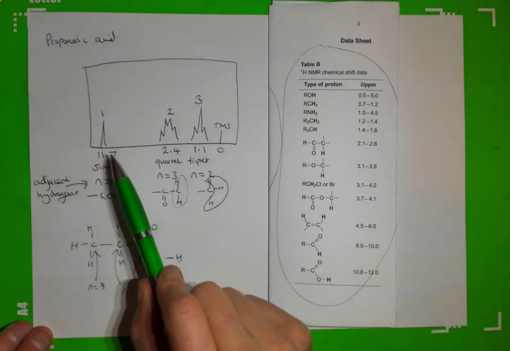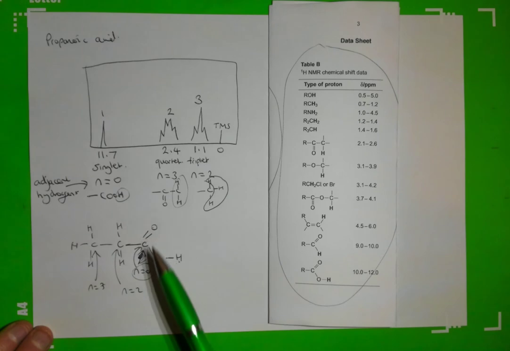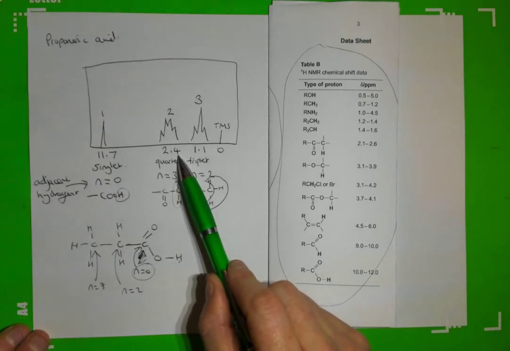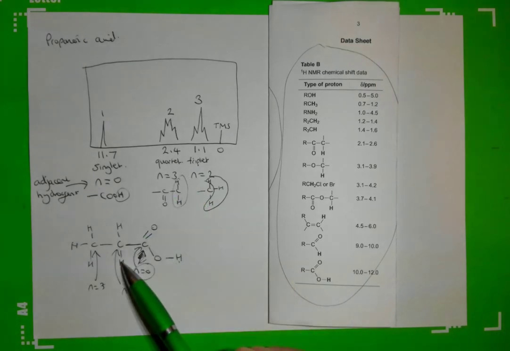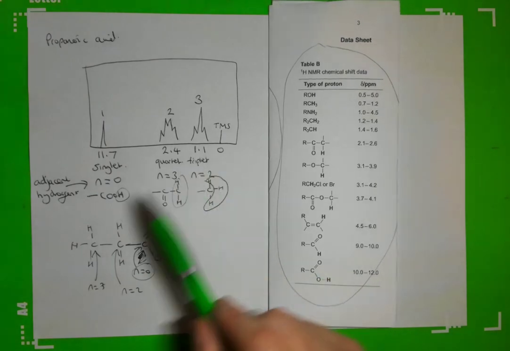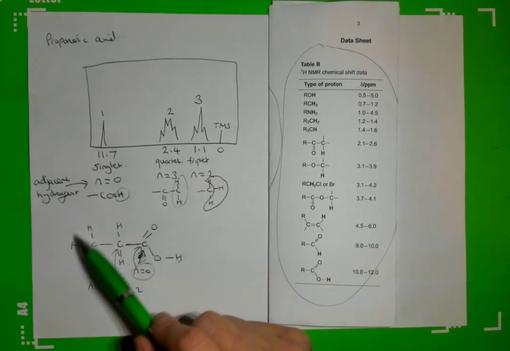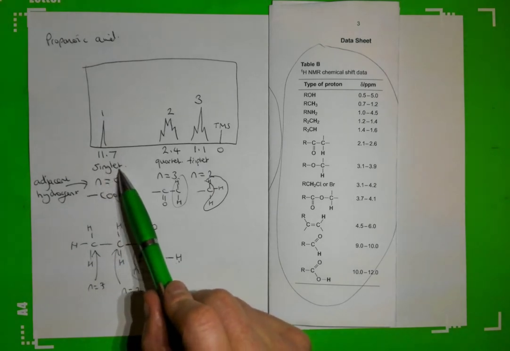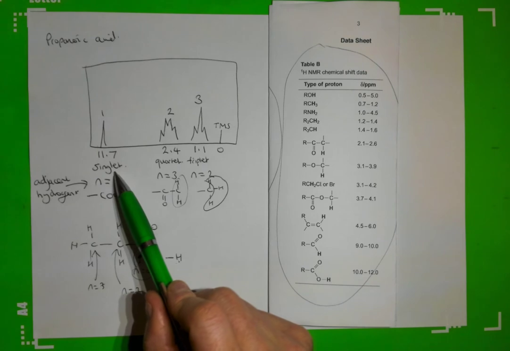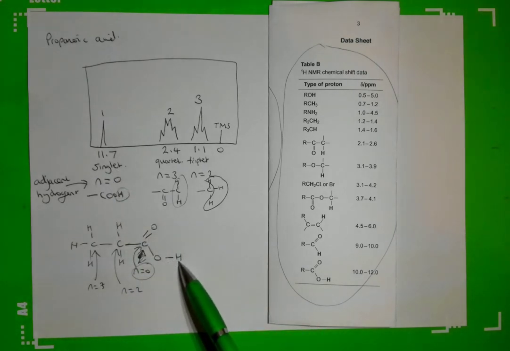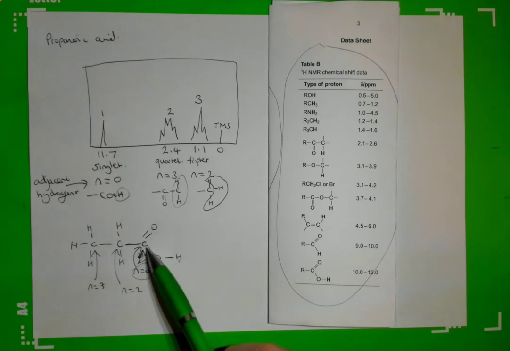We've got 11.7, which is a carboxylic acid. 2.4, which is hydrogen next to a carbonyl. 1.1, which is a CH3 group on its own over here. We have a singlet. This one here is a singlet because its adjacent atom has no hydrogens attached to it.